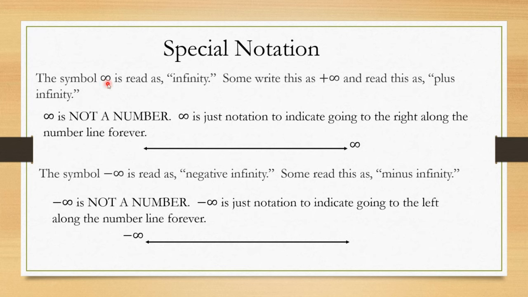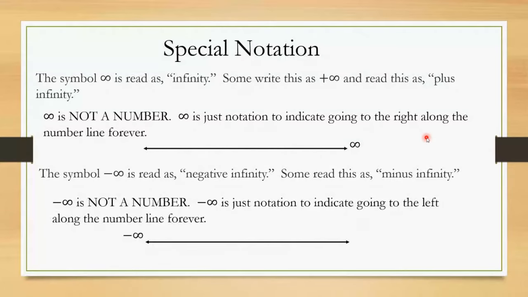Some books will, instead of writing infinity, write this, and they'll say plus infinity. This is just notation. Both of them indicate that you keep on going to the right along the number line. In other words, you keep on getting bigger and bigger forever.